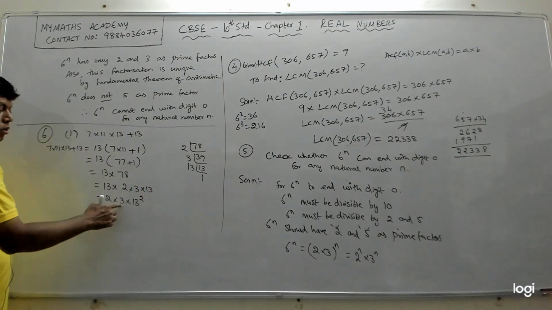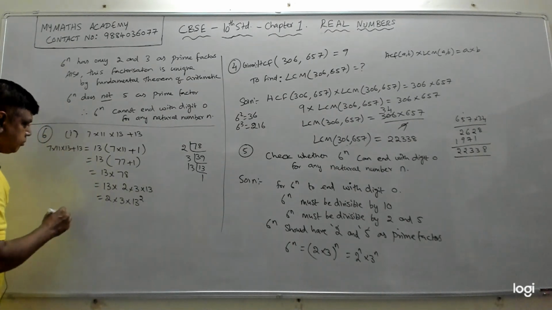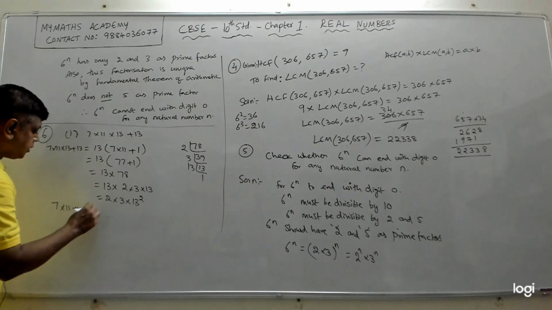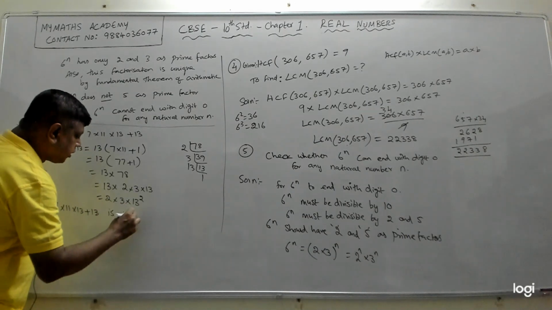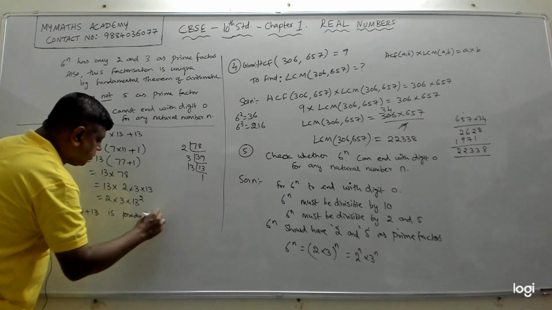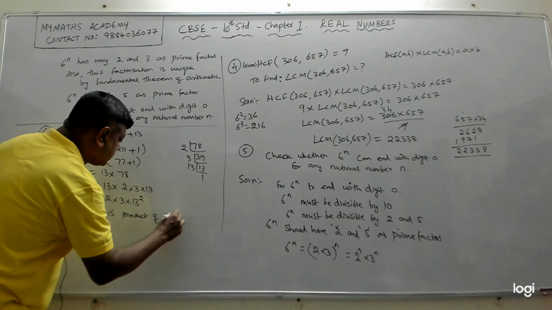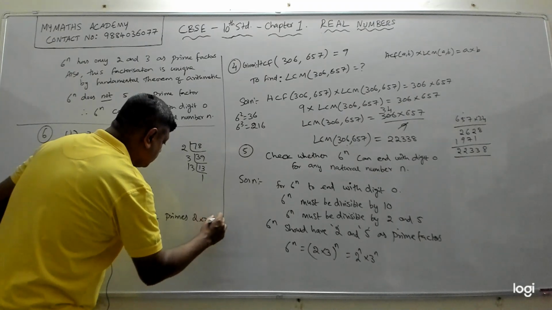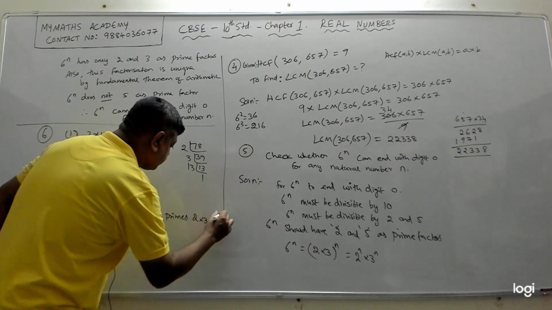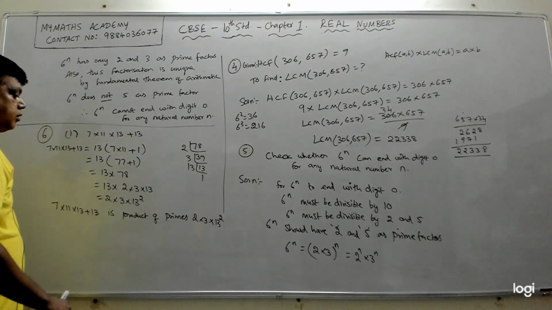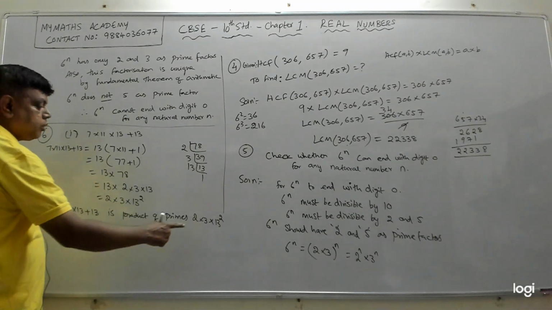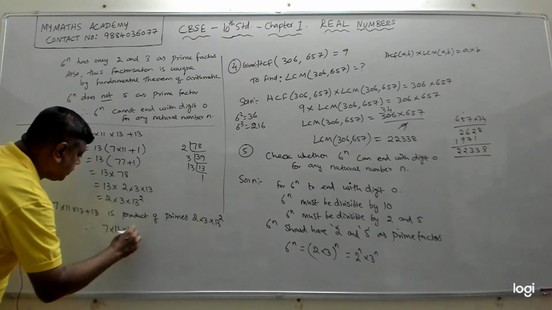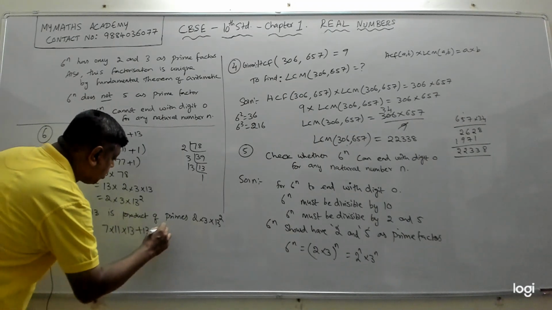Therefore, now it is what? A product of primes. So 7 into 11 into 13 plus 13 is a product of primes, 2 into 3 into 13 square. Therefore, 7 into 11 into 13 plus 13 is a composite number.